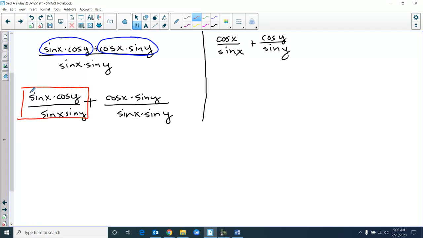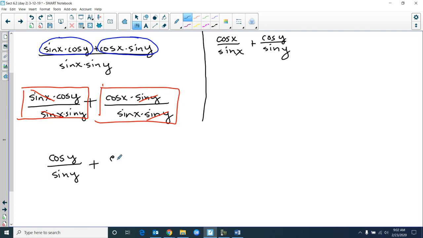Since everything is being multiplied, I can cancel that sine of x and that sine of x. It leaves me cosine of y over sine of y plus, I have the same scenario here. These are being multiplied, these are being multiplied. Since everything's being multiplied, I can cancel. Sine of y cancels with sine of y. I am left with cosine of x over sine of x.